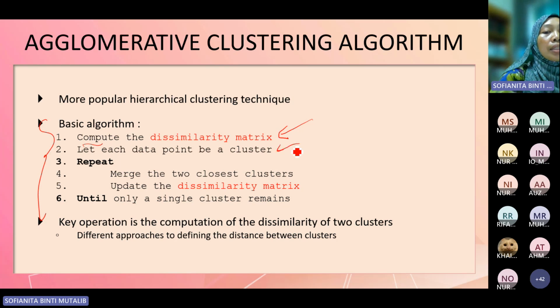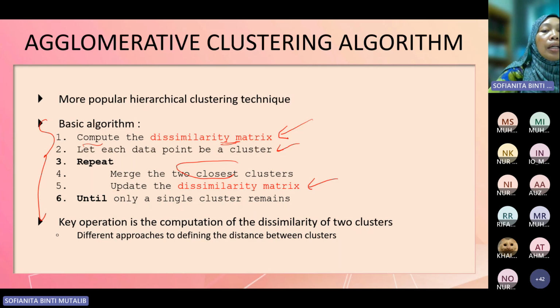Then it treats each point as one cluster. Whichever is closest based on the distance in the dissimilarity matrix will be merged. After we have merged these points, the dissimilarity matrix needs to be updated.